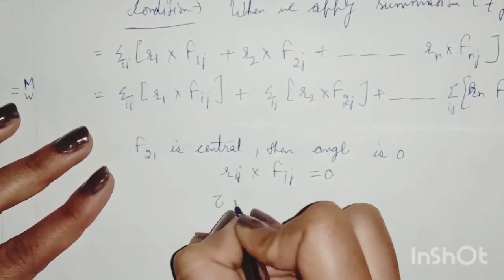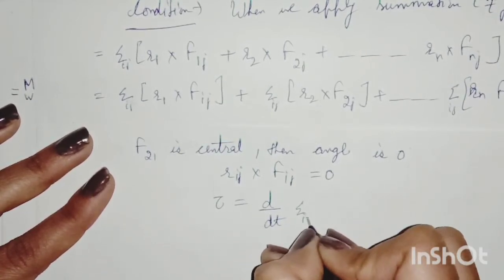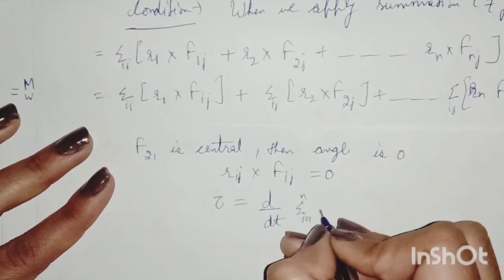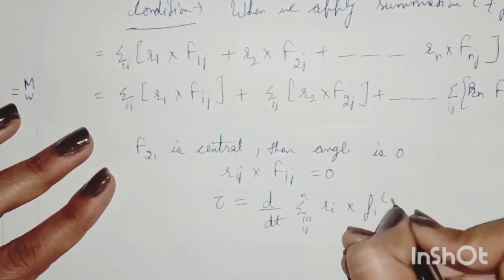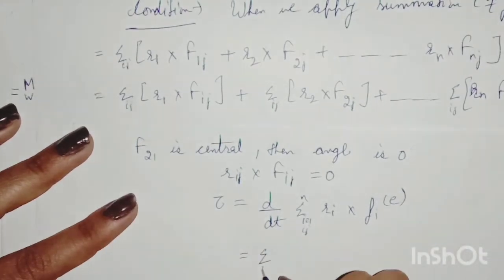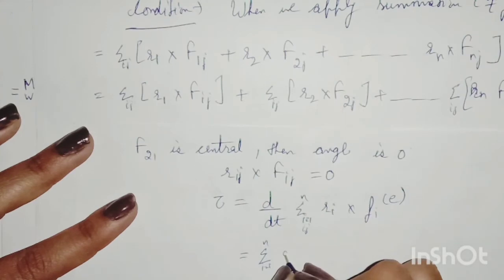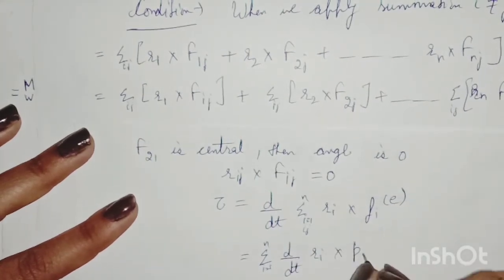So torque is equal to d upon dt summation i equals 1 to n of Ri cross Fi external, which is summation i equals 1 to n d upon dt Ri cross Pi.